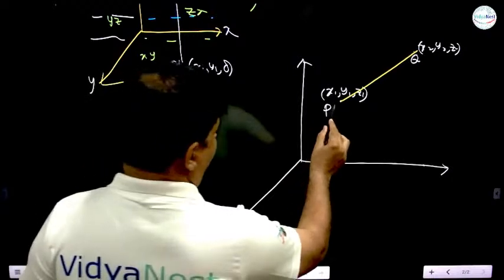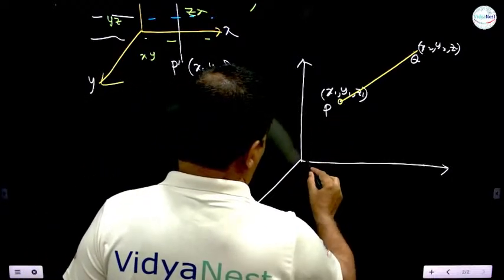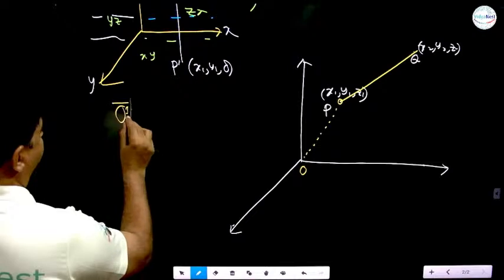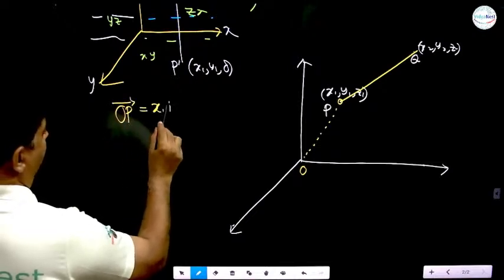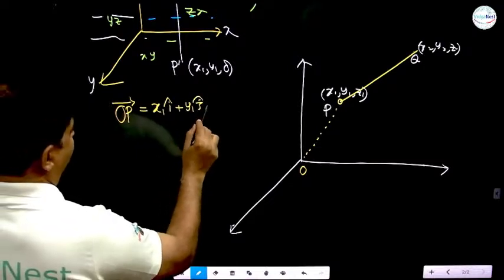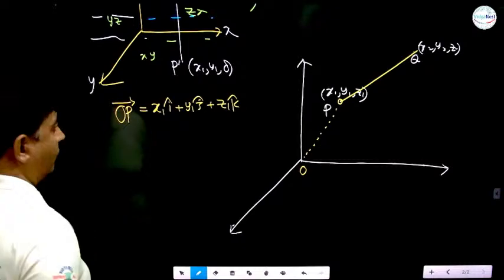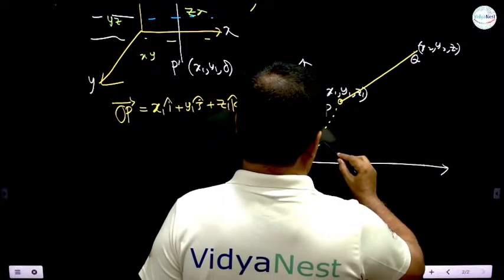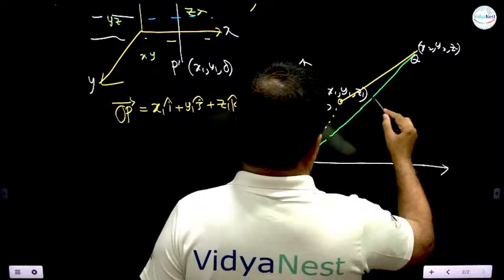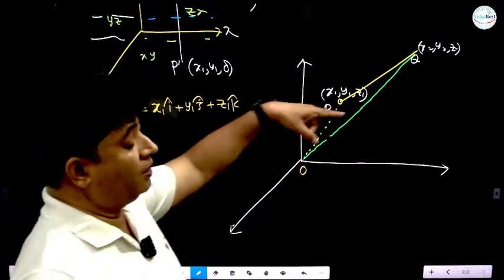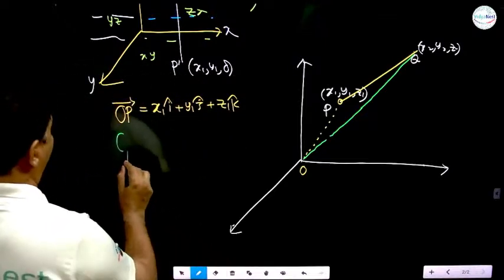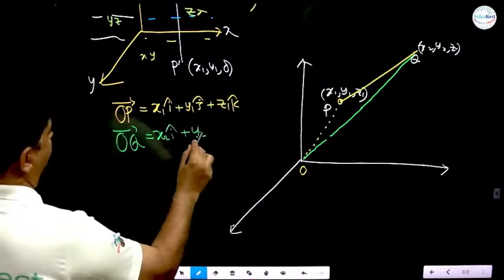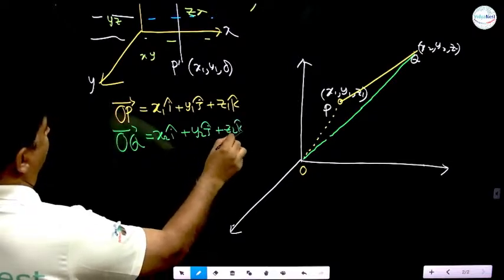See, when you express this in terms of vectors, it will be measured with respect to the origin. Vector OP is x1 i + y1 j + z1 k, and Q measured with respect to the origin is x2 i + y2 j + z2 k.